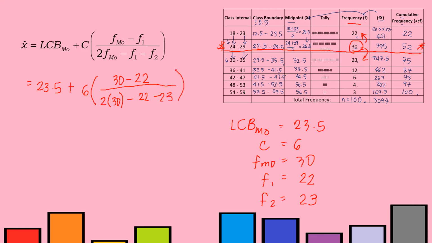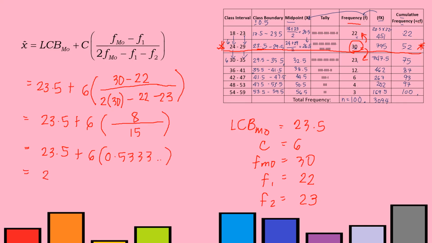Okay? So, let's try it one by one. Doon muna tayo sa numerator. So, 30 minus 22 is 8. 2 times 30 is 60. Then, 60 minus 22 minus 23 is equal to 15. Then, we have 23.5 plus 6 times 8 divided by 15, which is about 0.5333 and so on.